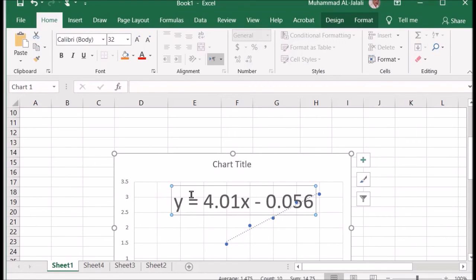You will see the relationship between T square, here y, and L, here x. This number is very important. This is the slope of this linear equation, which represents a straight line. Its slope equals 4.01.